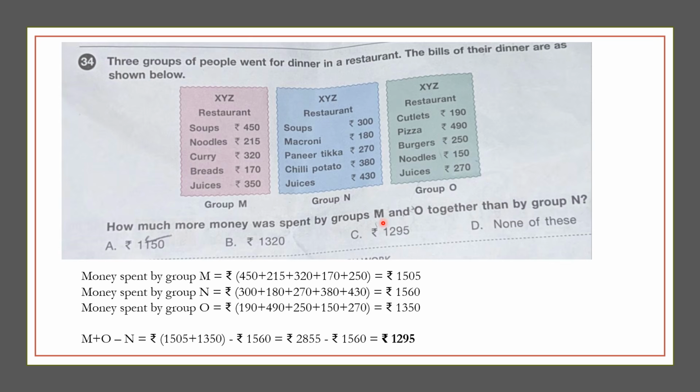So now we have to add the money spent by M and O and subtract the money spent by N. So M is 1505, O is 1350. So we add it and subtract N, which is 1560. So we get rupees 1295, which is option C.